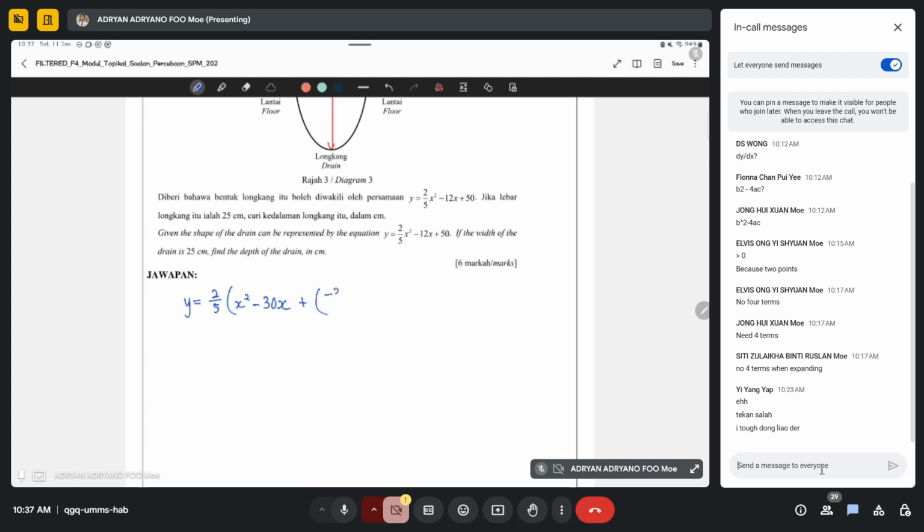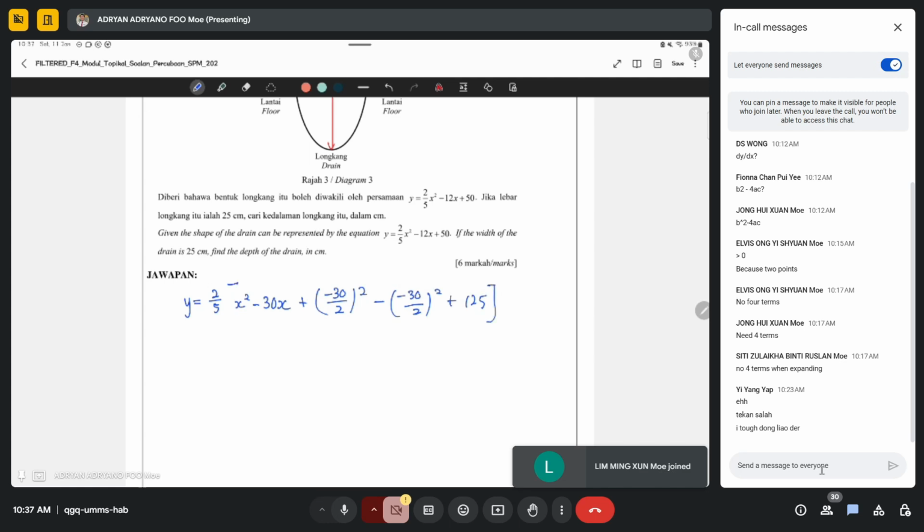So show b over 2 squared minus b over 2 squared. Then only plus, okay, 50 divided by 2 over 5. You get 125. Okay, is that necessary? Is that necessary for me to pull out to become 125?